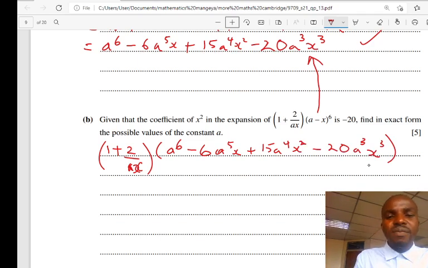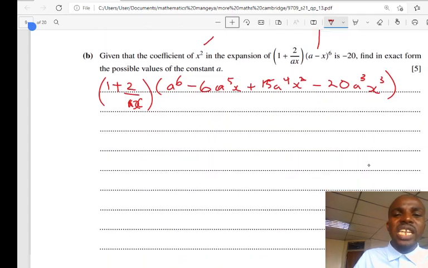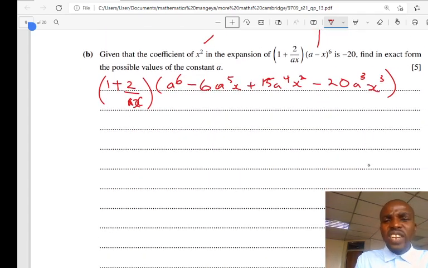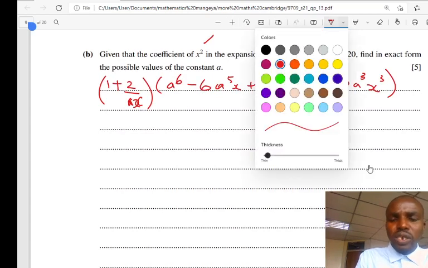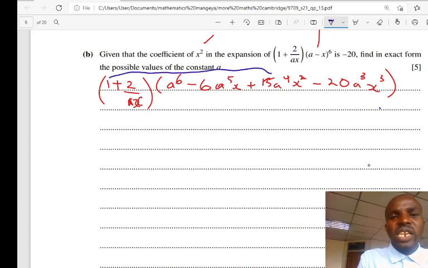Then after that, we are being told the coefficient of x squared. So what you want are the terms which give us x squared only. All the other terms, no problem. But those that can give us x squared, those are the ones that matter here. Which one can give us x squared here? Let me change my ink here. This one and this one. If you multiply this and this, you can get x squared.